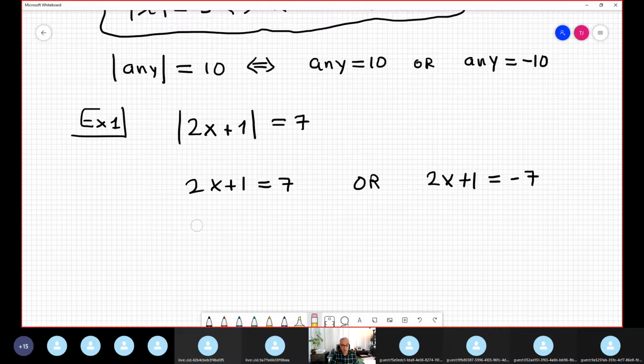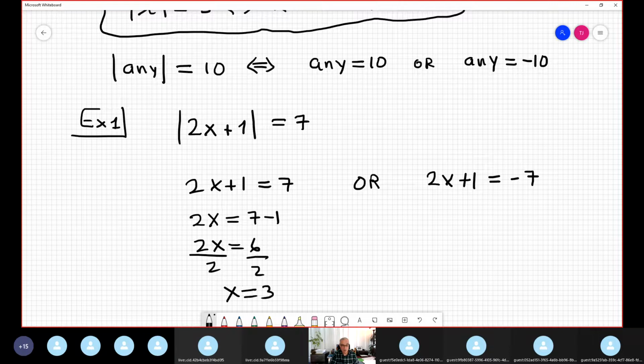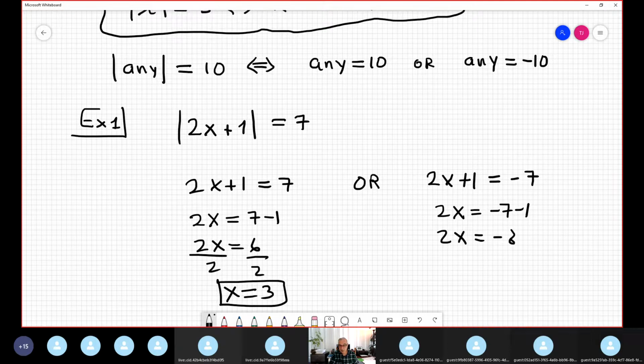Let's do it. 2x equals 7 minus 1. 2x equals 6, divided by 2, x equals 3 is my first solution. Here, 2x equals minus 7 minus 1. 2x equals minus 8, divided by 2, x equals minus 4.